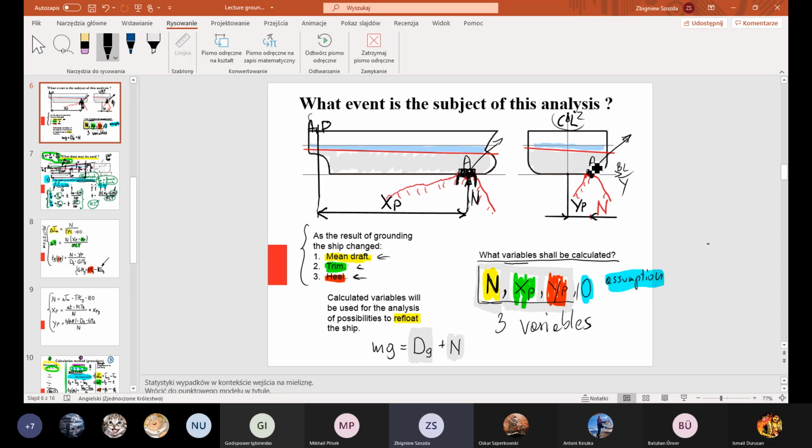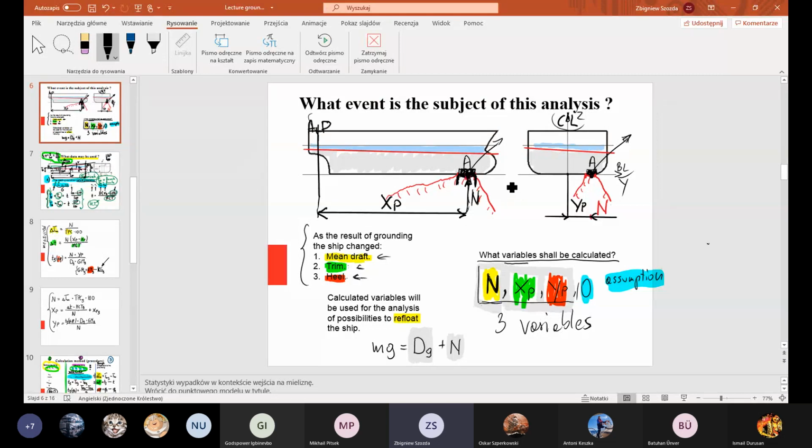What does it mean? A is the point of action of the force, and at the same time it is the center of gravity of the artificial weight that represents the force, and this weight will be discharged from the ship.